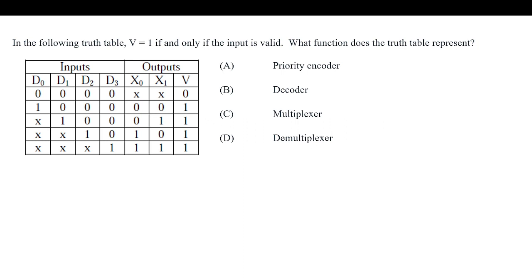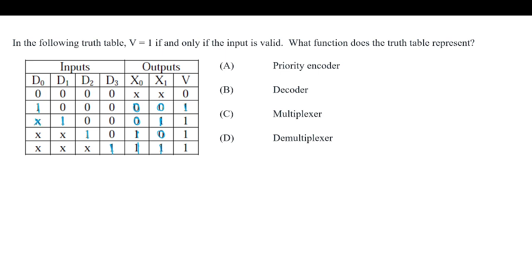So the next question. In the following truth table, V is equal to 1 if and only if the input is valid. What function does the truth table implement? You can see when the input is valid, it is encoding this as 00, encoding this as 01, which is 1, encoding this as 10, which is 2, and encoding this as 11. And if it is 0 here, then it is an encoder.